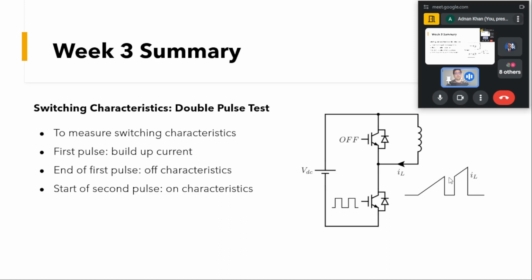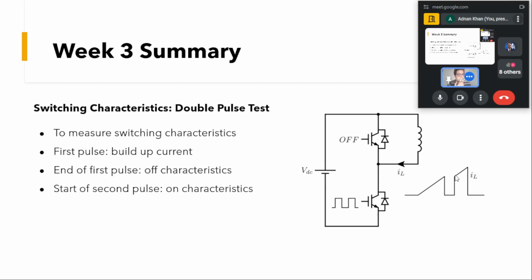We can take different waveforms, like voltage and current waveforms, at the turn off interval. Then we can see di/dt of the current and other things by which we will be able to measure the turn off losses and so on. So this is how we characterize here. This instant will give us the turn off characteristics.